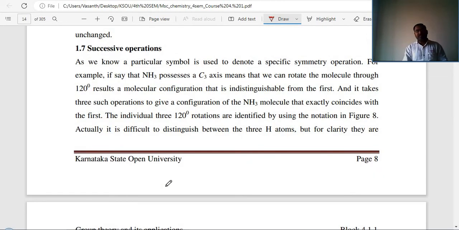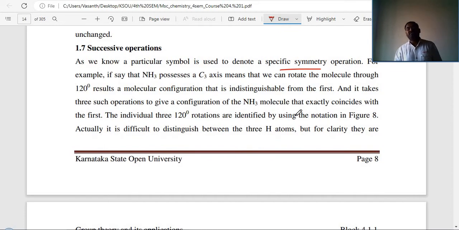Successive operations: as we know, a particular symbol is used to denote a specific symmetry operation.